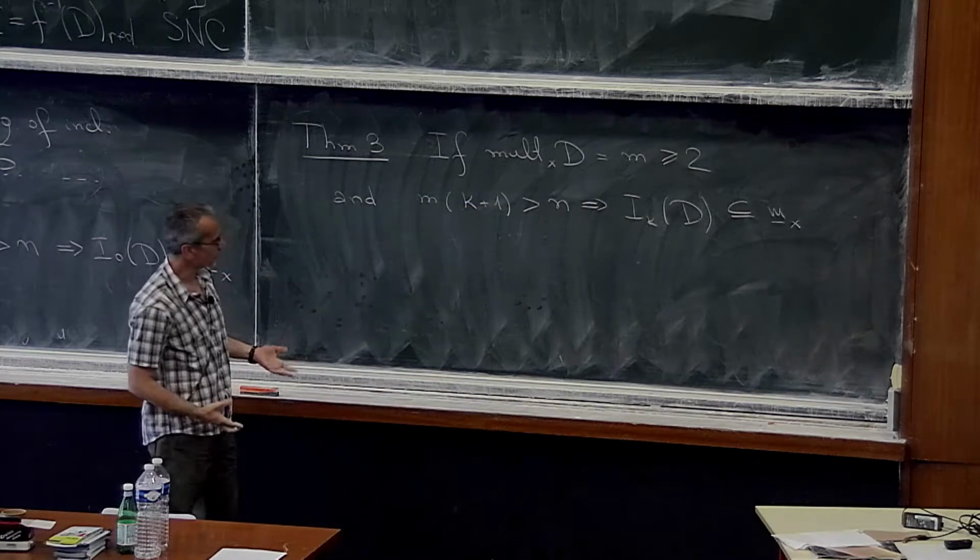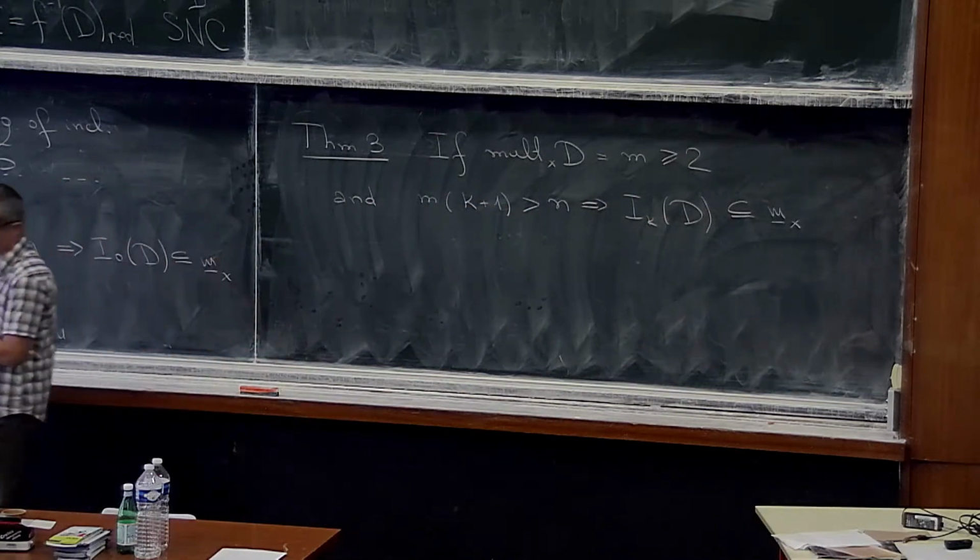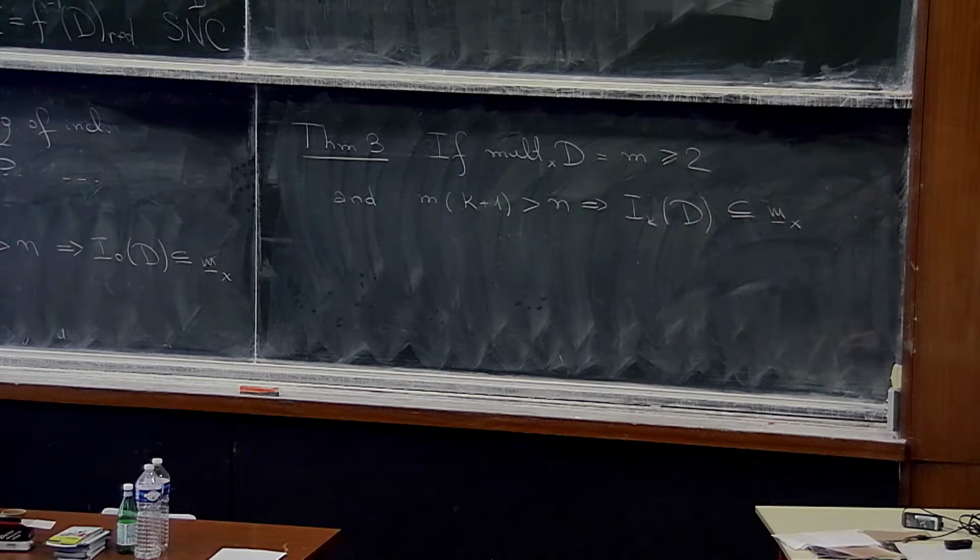So roughly, for the multiplier ideal the threshold is the dimension. If you go to level k, the threshold is roughly n over (k plus 1). That's where something interesting happens.